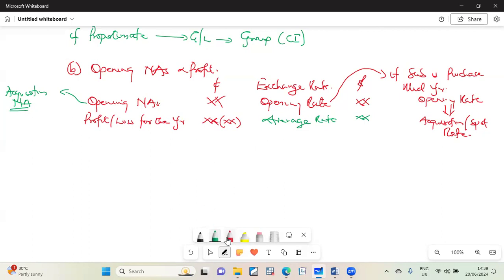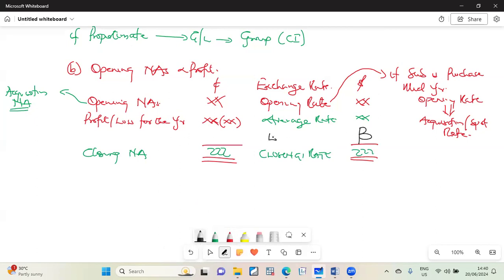Then you find your closing figures. So closing net asset at reporting should be here. Now you do the exchange rate using what? Closing rate. Using your closing rate, you realize that the figures will not be balancing. There will be something here. So that will be your exchange gain or loss.